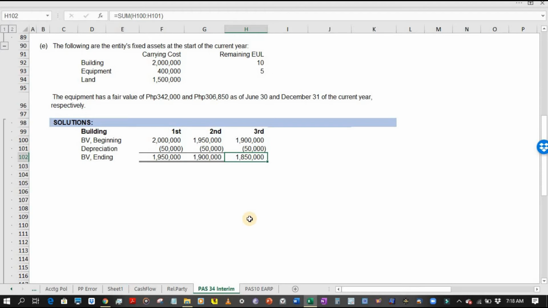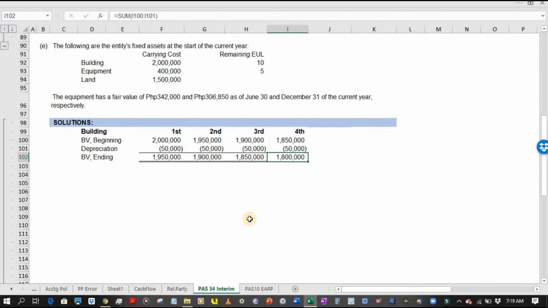For the fourth quarter, the book value at the start is 1,850,000 pesos, and the depreciation from October to December is 50,000 pesos. So the ending balance of the carrying value that will appear in the statement of financial position is 1.8 million pesos.